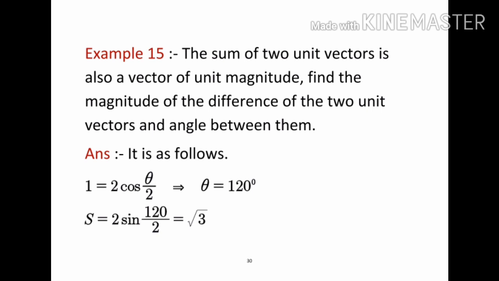Therefore, already for unit vectors addition, the formula is given as R is equal to 2P cos theta by 2. Based on that, we can get 1 is equal to 2 cos theta by 2. That implies theta is equal to 120 degrees.